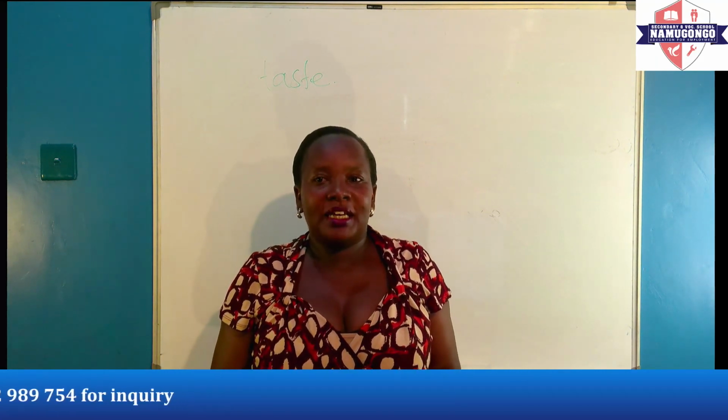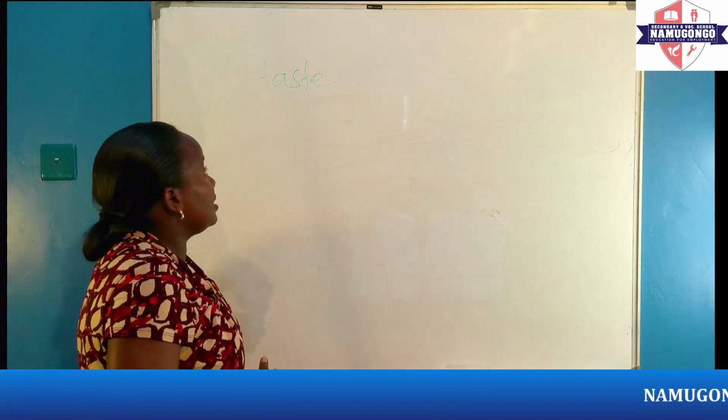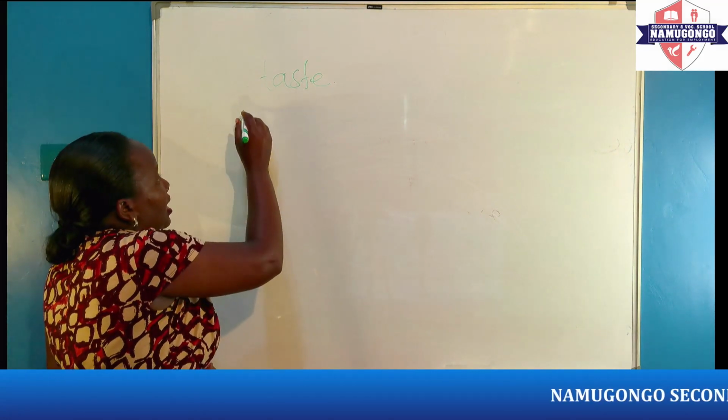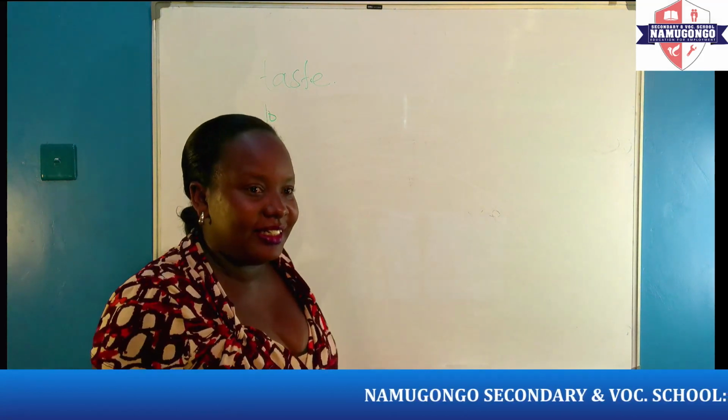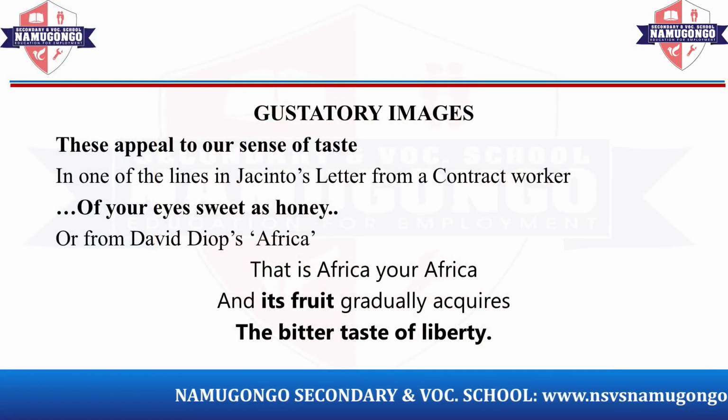Our sense of taste. Ladies and gentlemen, when we are talking about gustatory images, we know that when it comes to taste, our tongue comes in handy. So these appeal to our sense of taste.